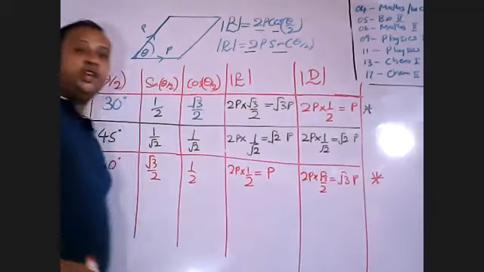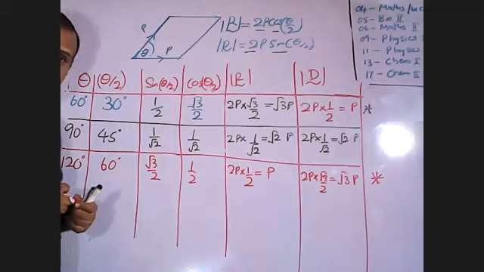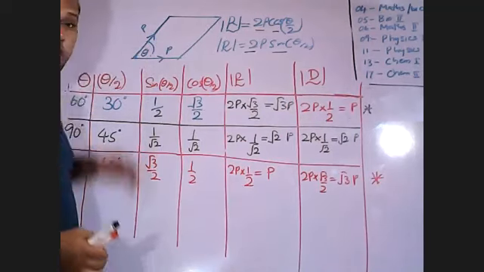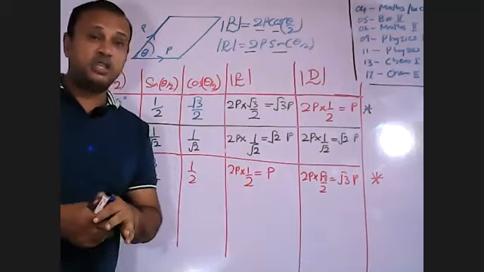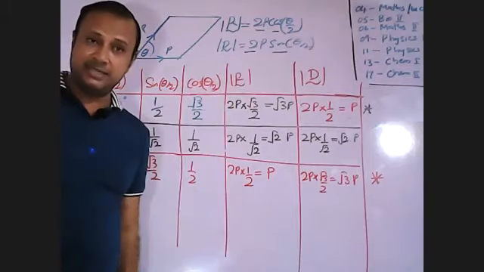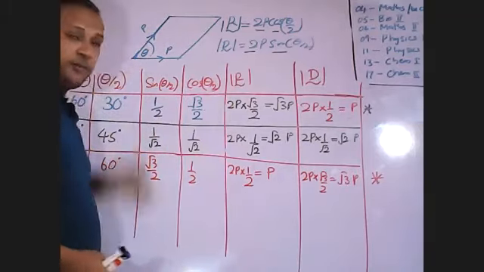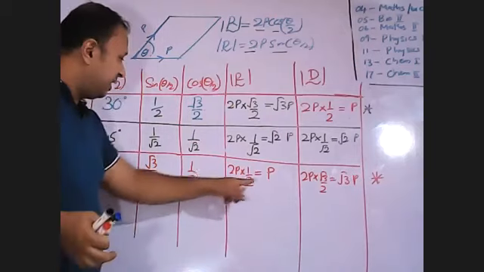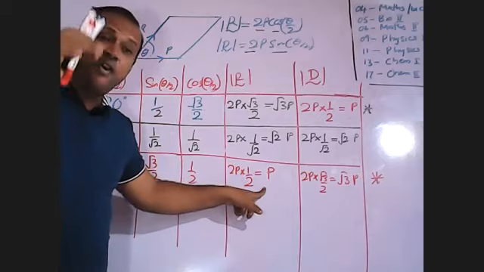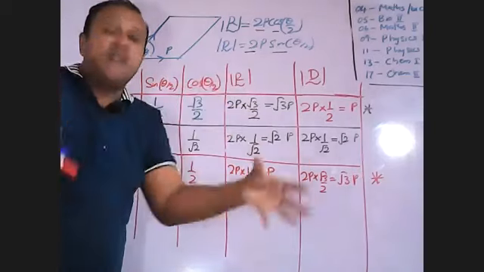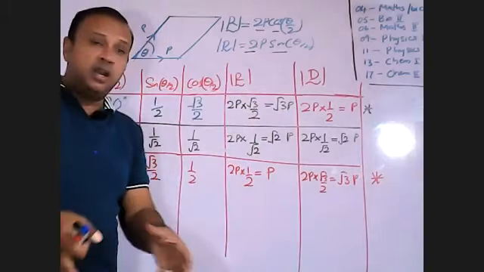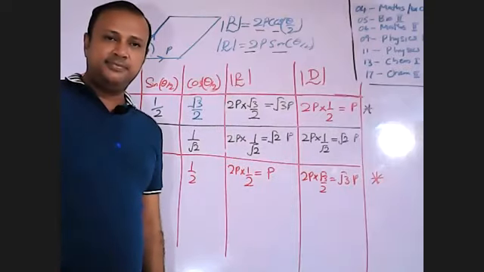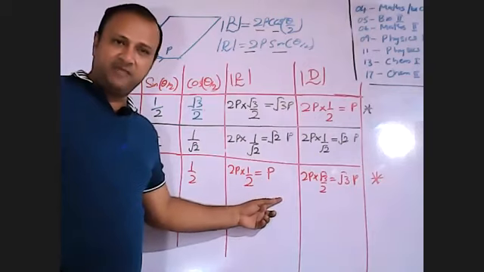This one is also a very important point. Look at this. Suppose there are two equal vectors acting at a point, and the resultant of those two equal vectors is equal to the magnitude of one vector.